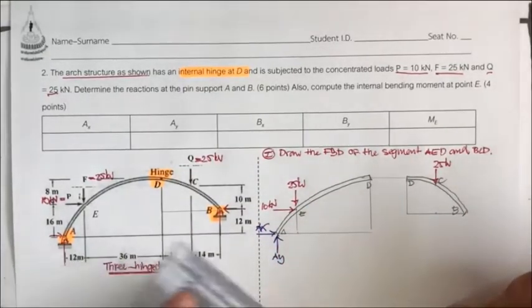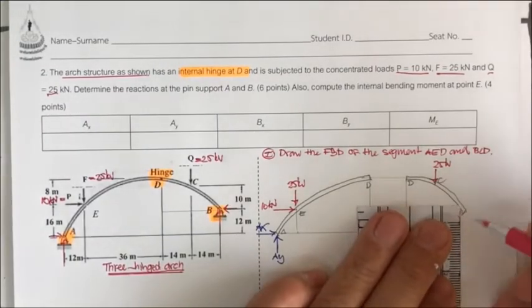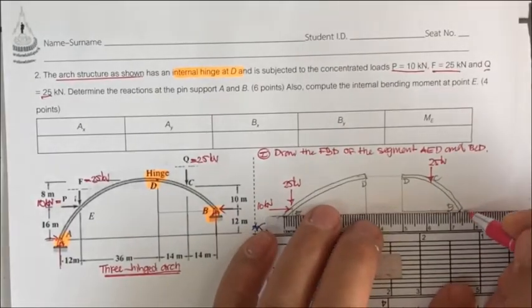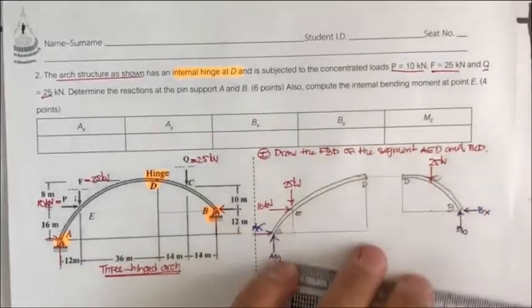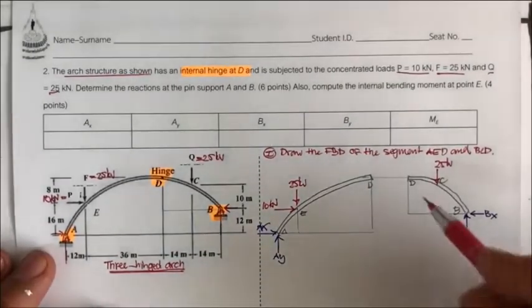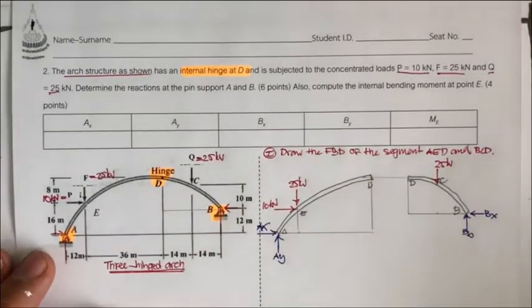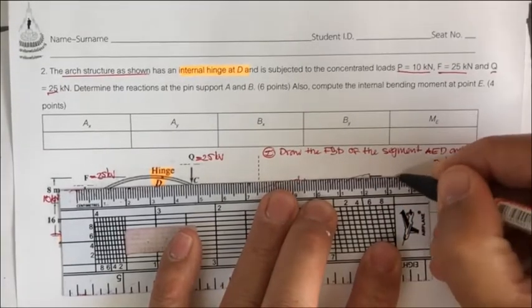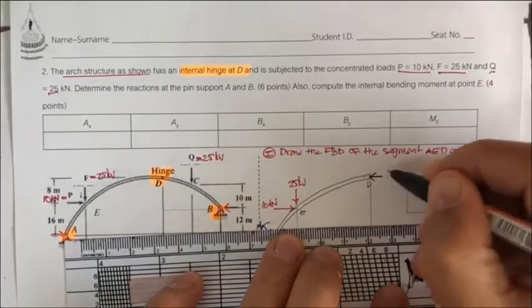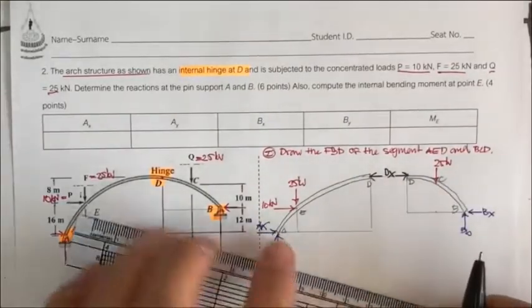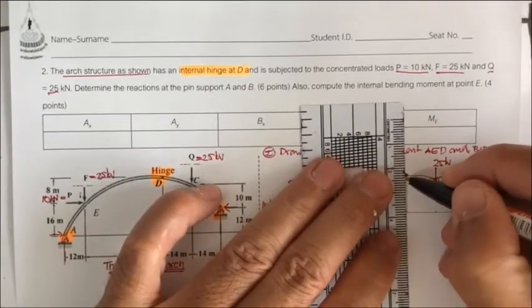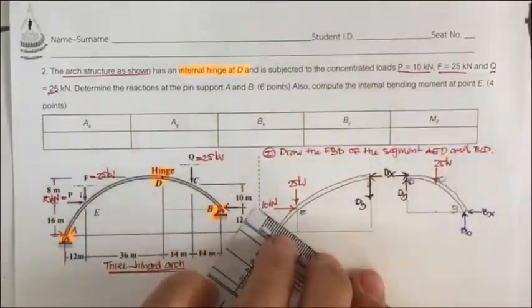Okay, and also here you're going to have the B sub y, and you have this for the B sub x, and you still have the hinge at D. So push the hinge of this one by the third law of Newton. It's going to be in the opposite direction. And for the D sub y, if you put this downward, it's going to be upward D sub y.